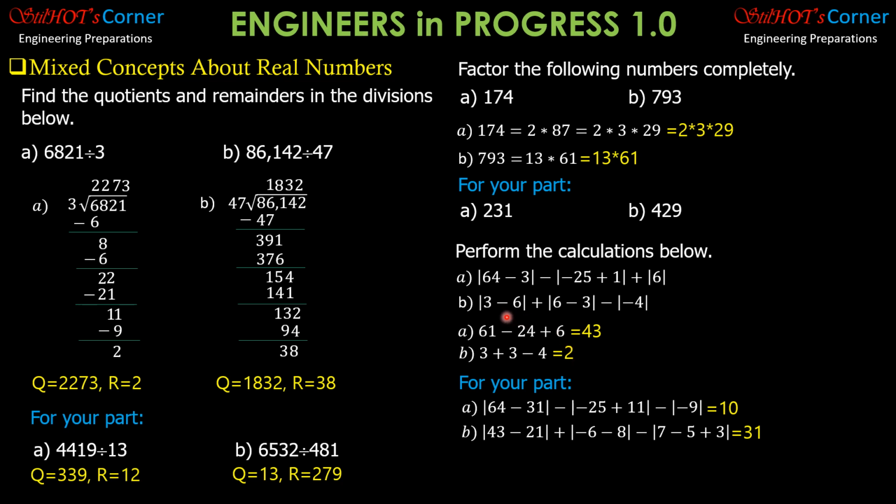Part B, absolute value of 3 minus 6 is absolute value of negative 3, so positive 3. Absolute value of 6 minus 3 is positive 3, and absolute value is also 3. Absolute value of negative 4 is positive 4. So negative of positive 4 is negative 4. So this is 3 plus 3 minus 4, and that is 2.